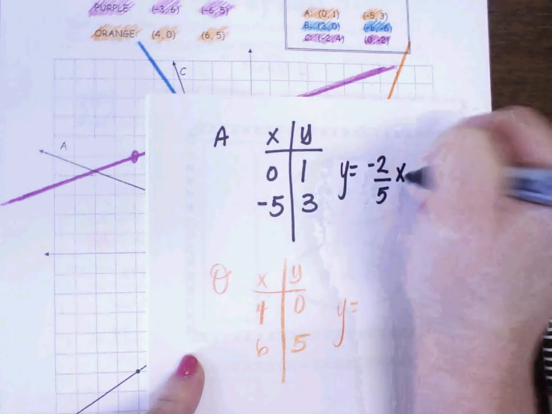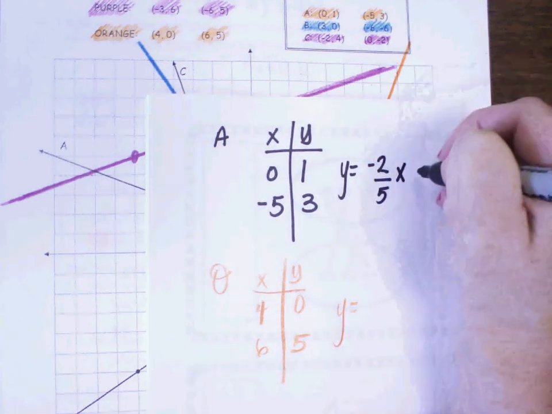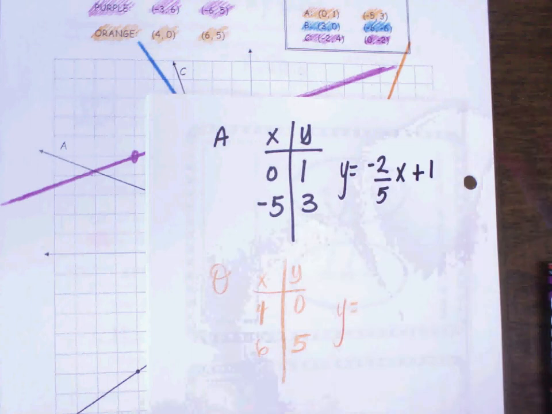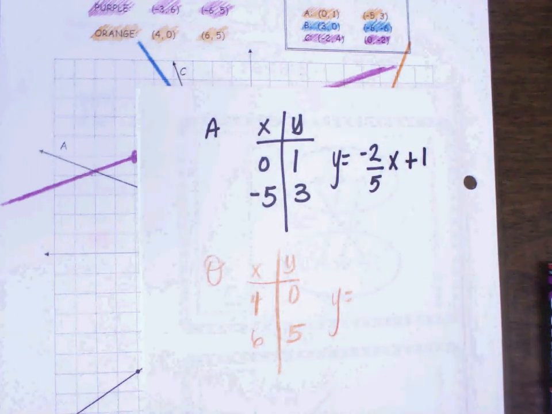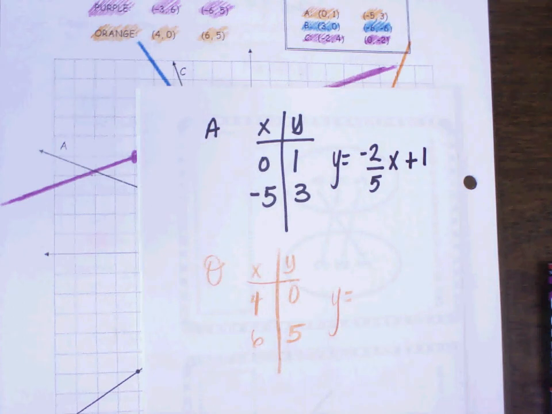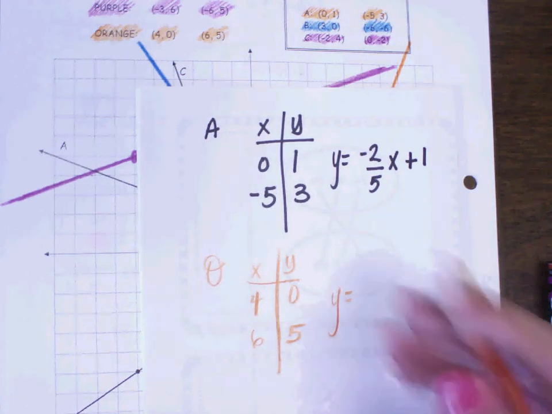Is that A? Plus what? Plus 1? So that's what Cornelius got. Can somebody please verify? So you should have gotten negative 0.4, right, on the decimal? All right, so if this is true that they're reciprocal and opposite, the next one should be positive, and it should be 5 over 2, which is 2.5.